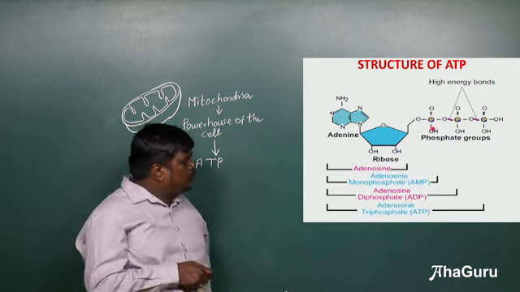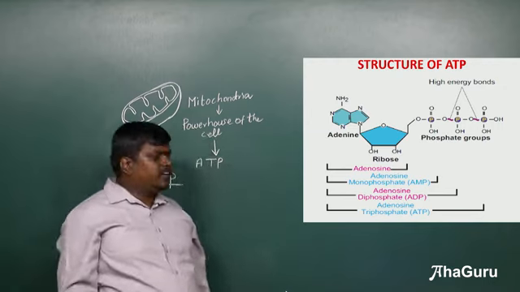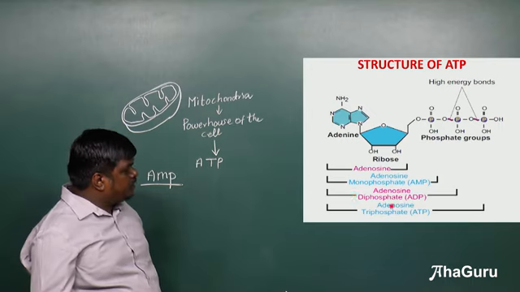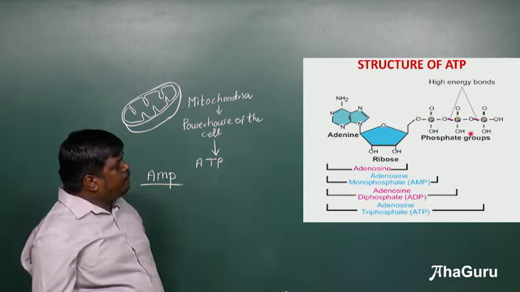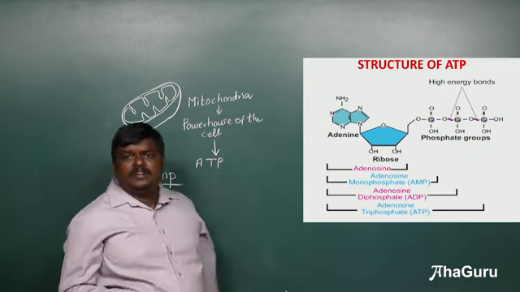If two phosphate groups are there, it is called adenosine diphosphate. If three phosphate groups are there, that is called adenosine triphosphate.